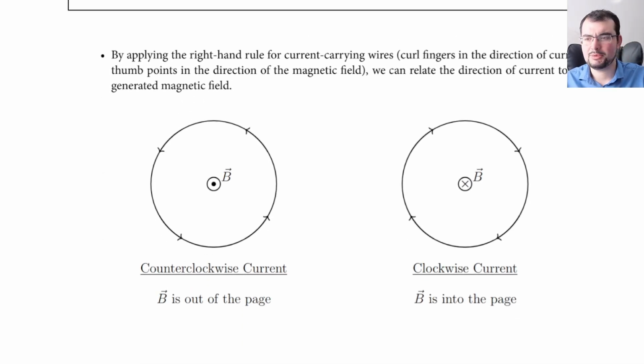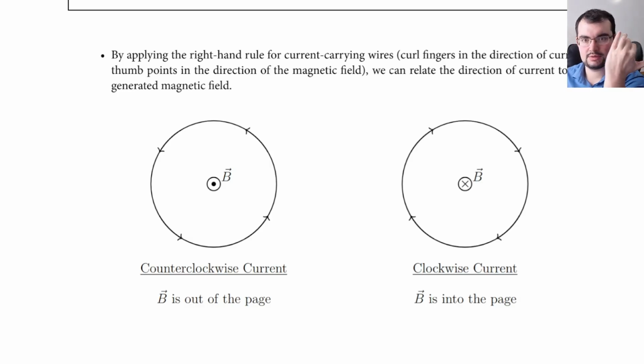So, for example, if you just try to do B from a wire in the case of a circle, you'll see that if you have a counterclockwise current, you get a B field that points at you. And if you have a clockwise current, you get a B field that points into the screen. And notice, if I align my finger with these little tangent arrows for the current, and wrap my fingers around the loop, my fingers are always going to pop out of the page if I'm going counterclockwise.